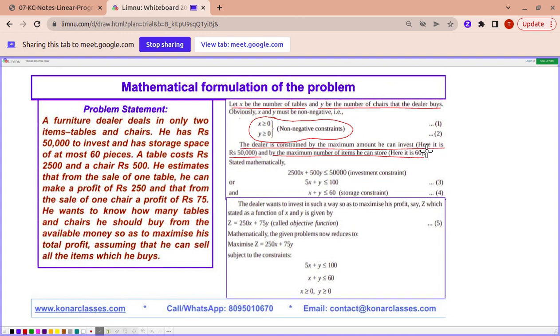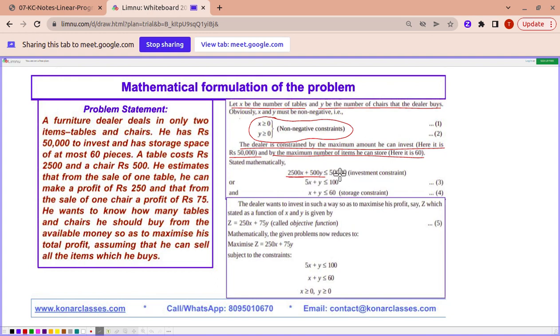The cost price of one table is rupees 2,500, so the cost price of x tables will be 2500 into x. The cost price of one chair is rupees 500, so the cost price of y chairs should be 500 into y. So the entire cost price is 2500 into x plus 500 into y.